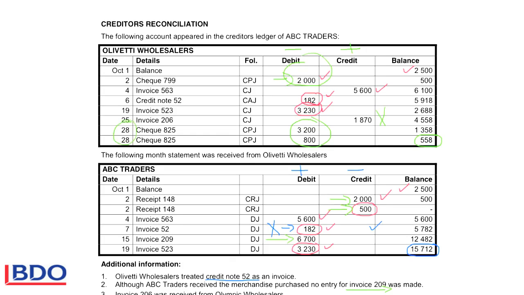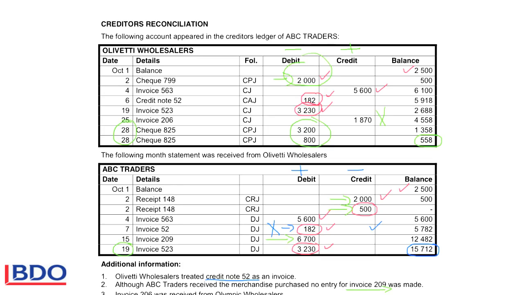On the 28th. When did Olivetti Wholesalers end their statement of account? On the 19th. So it means that when they recorded the statement of account, they haven't received those checks. So as soon as they receive the checks, they will record the 3,200 and the 800.